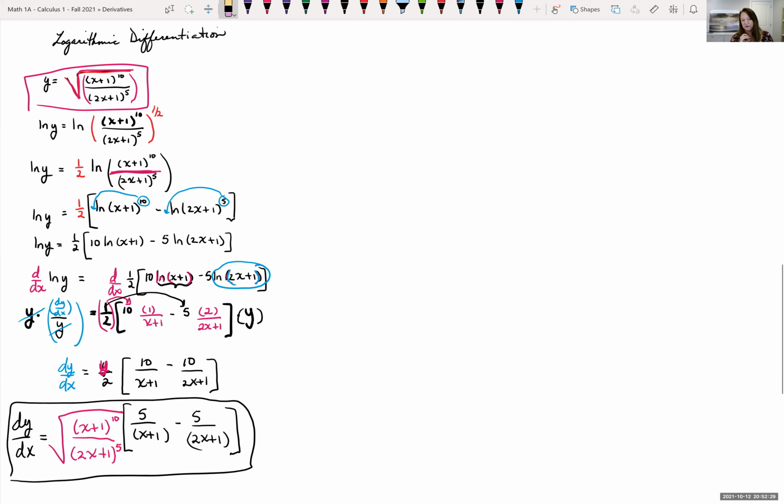Recall to solve for an inverse function, you swapped your x and y values and solved for y. It had to be a one-to-one function to have an inverse. The graphs were reflections across the line y equals x. So if you don't remember inverse functions, you might just want to go in and review that. Same thing with properties of logarithms. You can see where this is helpful.